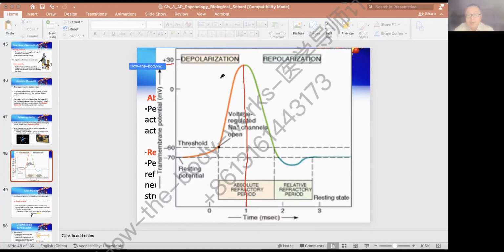This process is called depolarization. Please remember: depolarization. What is depolarization?